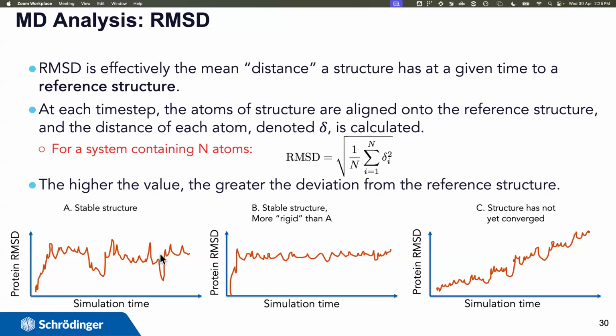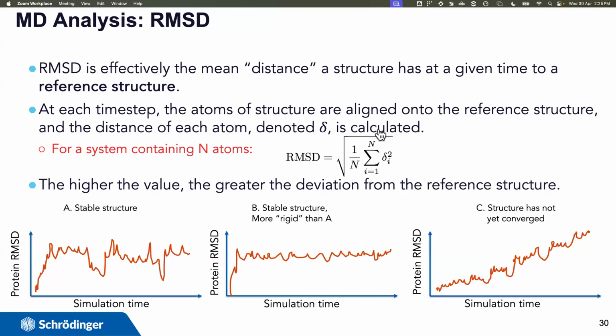Otherwise, your structure is deviating too much from the original structure. Something different happened, some very large conformational change, and then you need to visualize the trajectory and see what happened in the structure. Typically, 2.5 to 3 angstrom is the acceptable value.